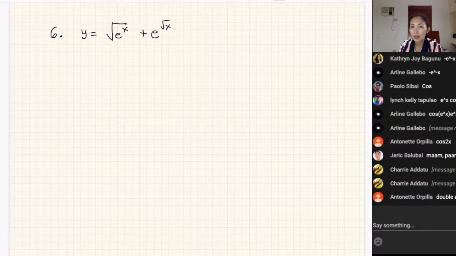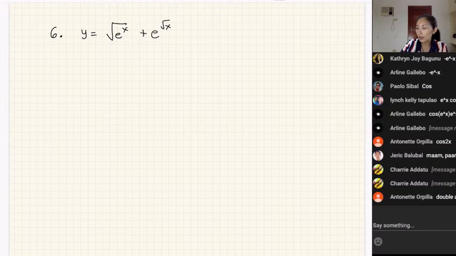Okay. So, for number 6, how shall we simplify this? The square root of e raised to x plus e raised to the square root of x.